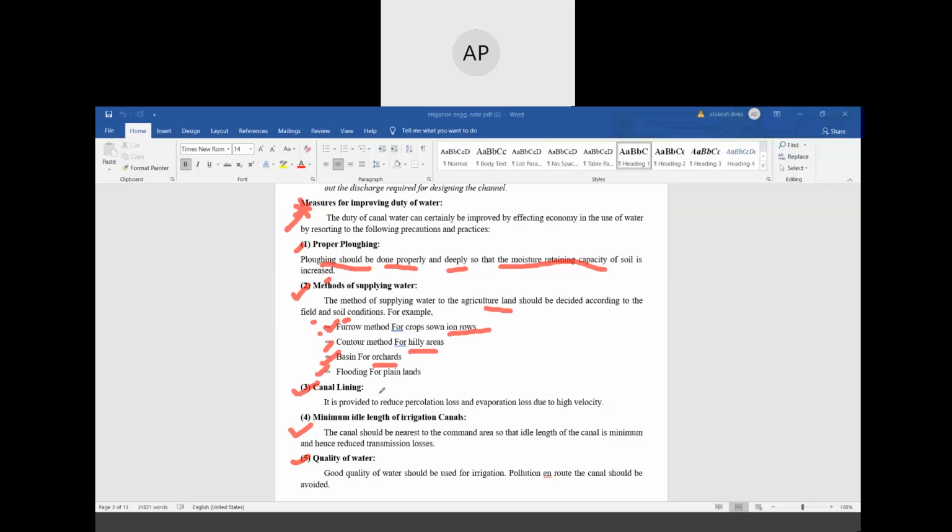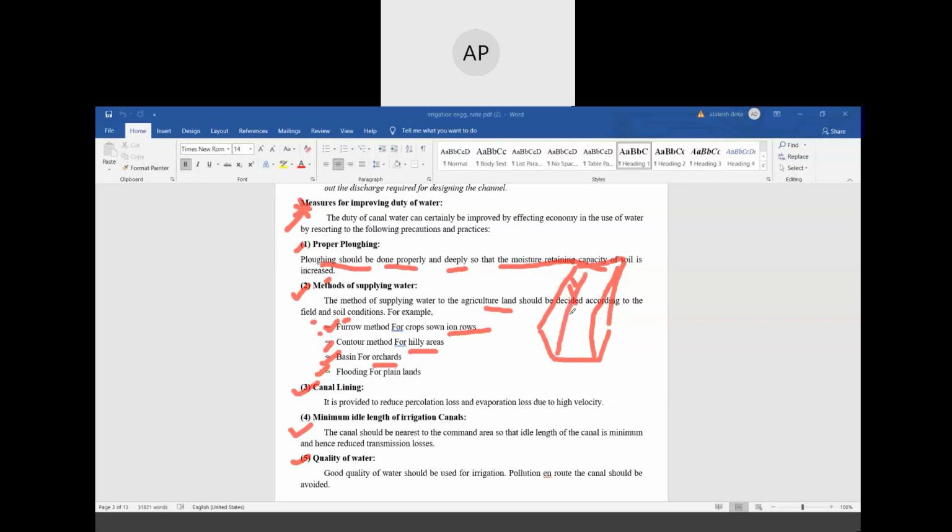Next is canal lining. This canal is an artificial channel-like structure. Suppose this is your canal. It is provided to reduce percolation loss in the wall of the canal.